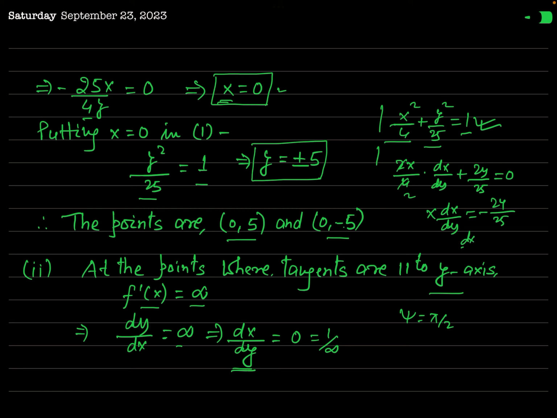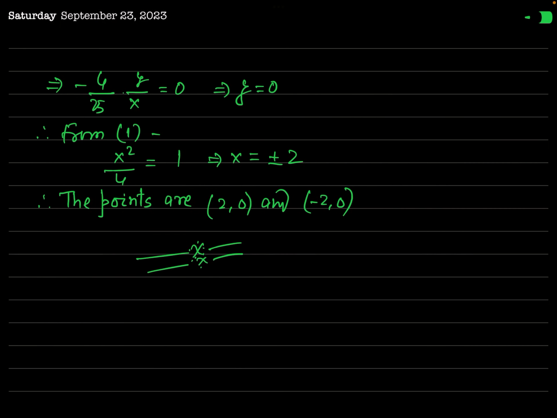So dx by dy will be equal to minus 2y by 25x, but dx by dy is 0, so you can say that minus 2y by 25x, which I have written here directly, is equal to 0. And so you can see that this y is equal to 0.